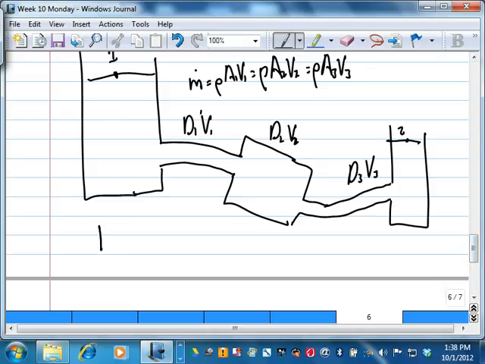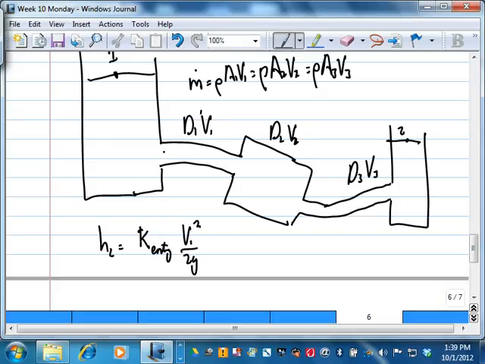So the head loss is equal to, for the first segment, K entry times V1 squared over 2g.